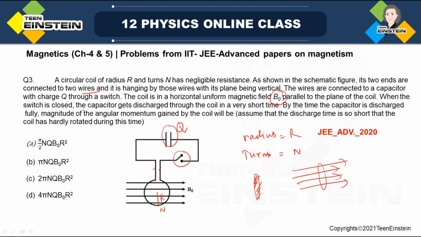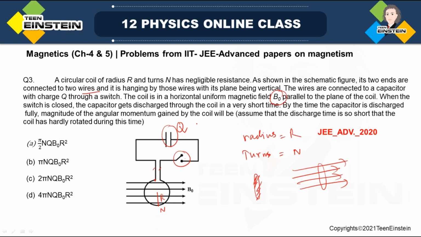When the switch is closed, the capacitor gets discharged through the coil in a very short time. By the time the capacitor is discharged fully, the magnitude of the angular momentum gained by the coil will be pi by 2 n cube B0 R square, or any other option from these four.